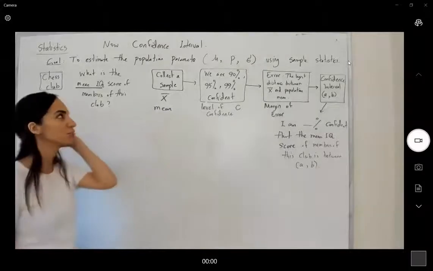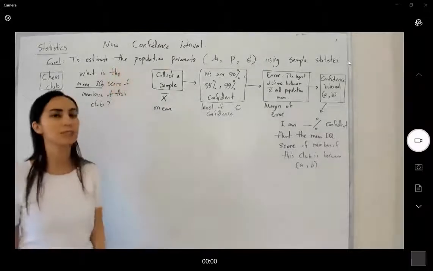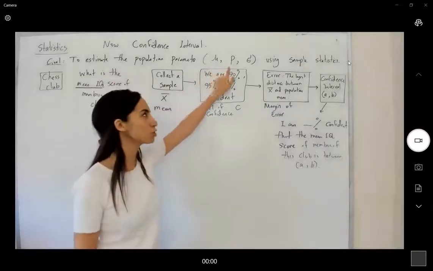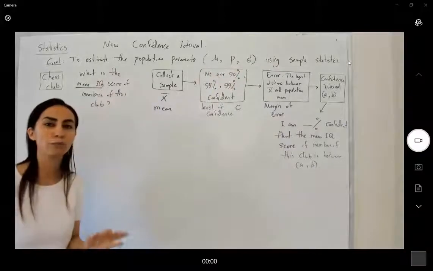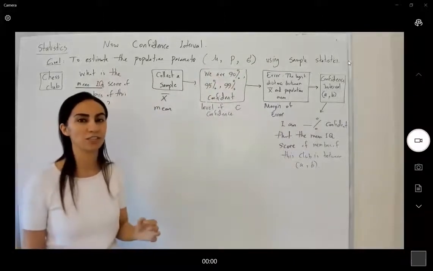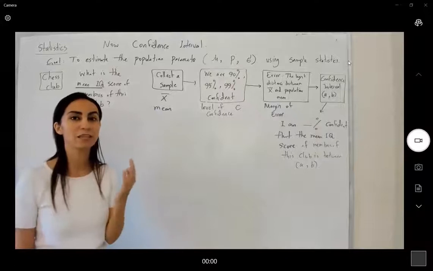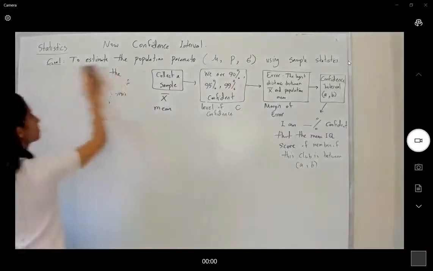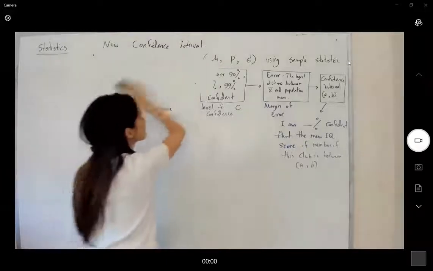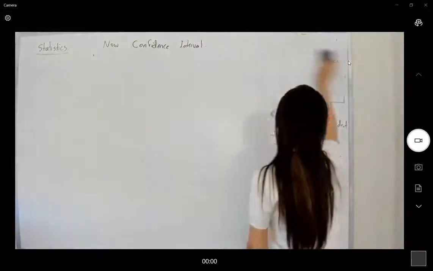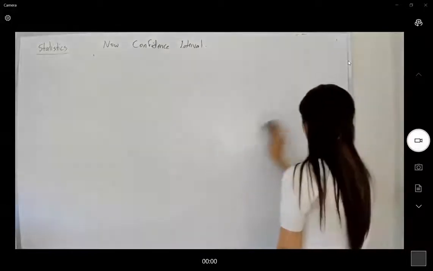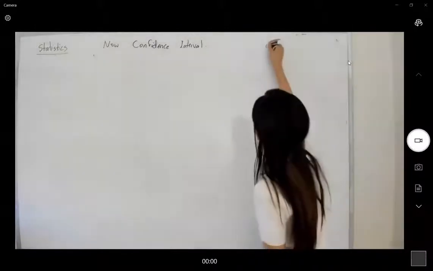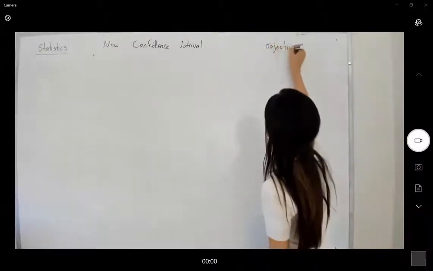Very well. Today we're going to talk about how to build a confidence interval for the mean. Then we're going to move on to population proportion, then population standard deviation: three different processes. Okay, so let's write down our objectives here.